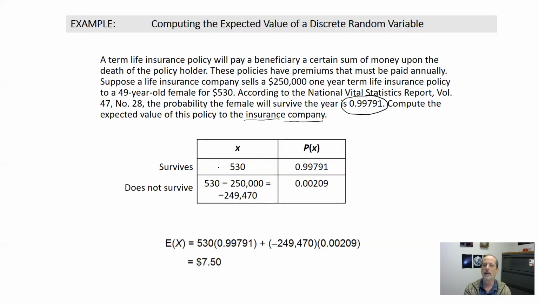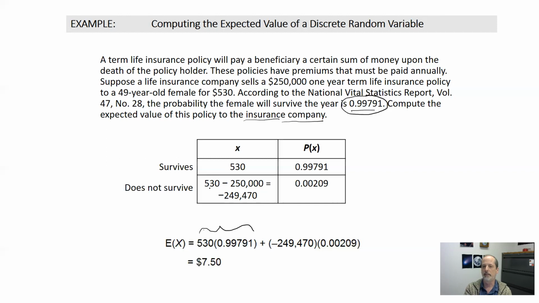Okay, so if the person survives, then the company has kept their $530, and the chance of them surviving is this very high value. So we've got the 530 times the probability that they get $530 from that person with no payout. Now, if they don't survive, they still got the $530, but then they had to pay out the $250,000.